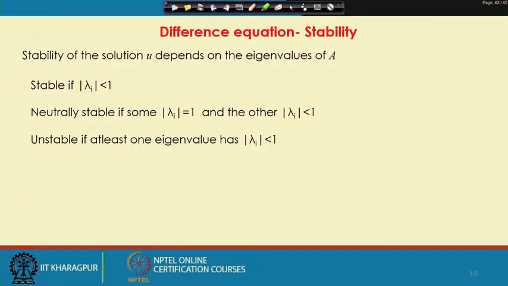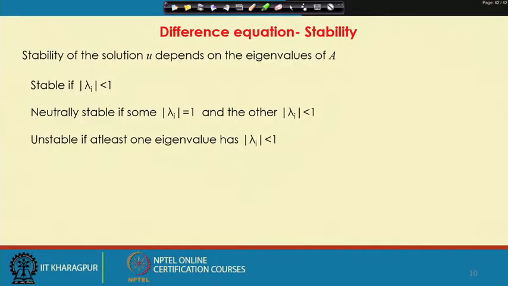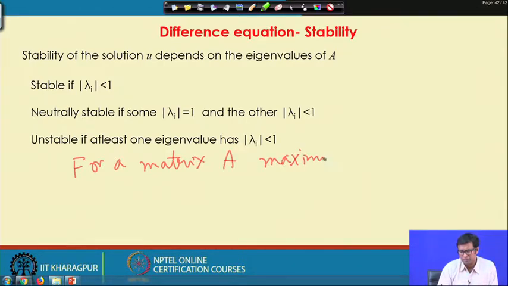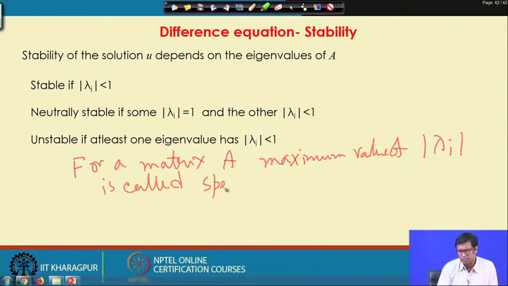Neutrally stable if there is some lambda which is equal to 1 and other lambdas are less than 1. So, u k will be u 0 always in that case. Unstable if at least there is one eigenvalue which has absolute lambda i greater than 1. So, lambda i is important for a matrix A, and the maximum value of mod lambda i is called the spectral radius.